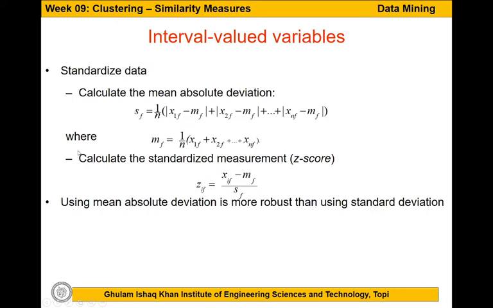So one thing usually done in pre-processing the data is to compute the standard deviation of the data. Or we can compute the z-scores, right? Generally the use of absolute deviation is more robust than the standard deviation, for obvious reasons, because absolute deviation is more representative of the pattern in the data as compared to the standard deviation, right?